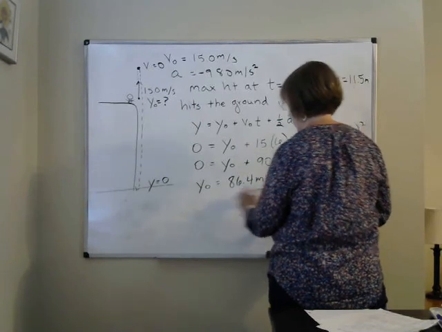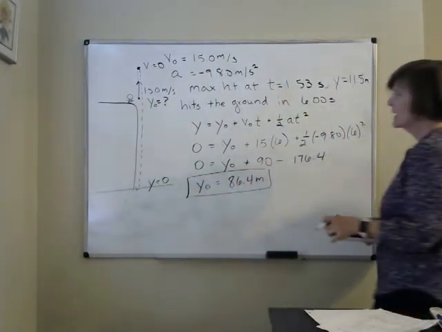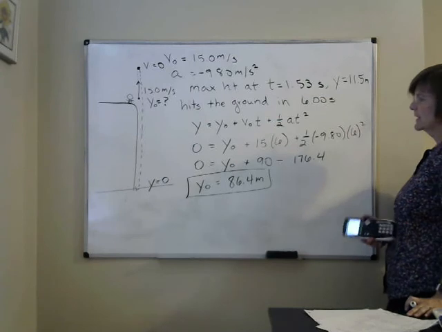That's the height of the cliff. That's how high it was where it was launched at t equals 0.